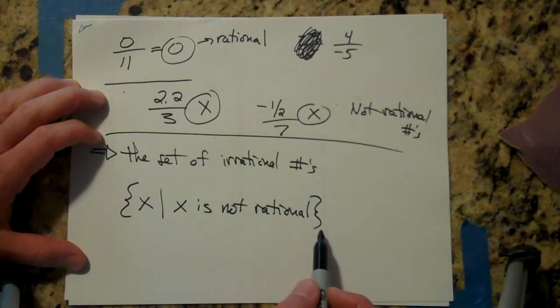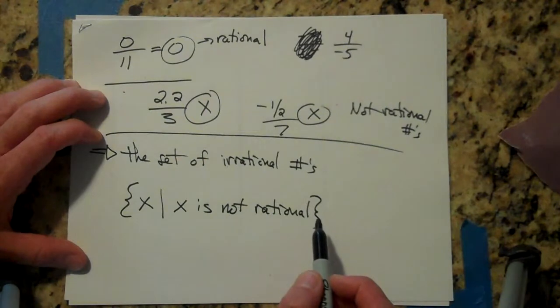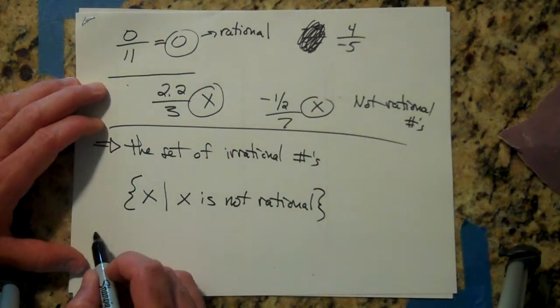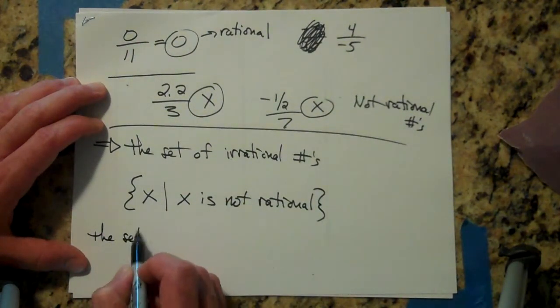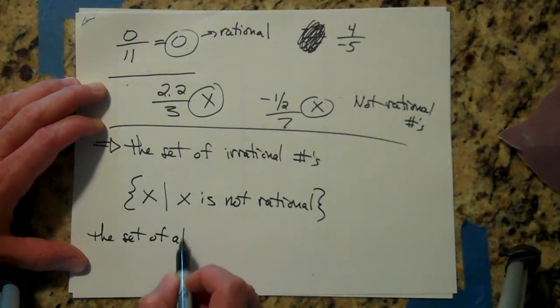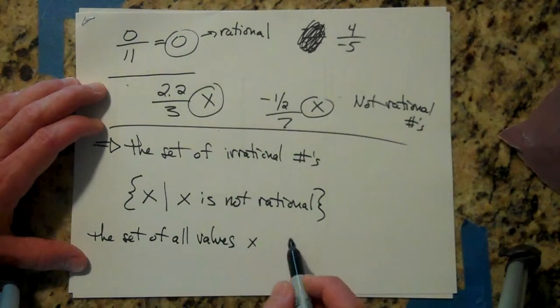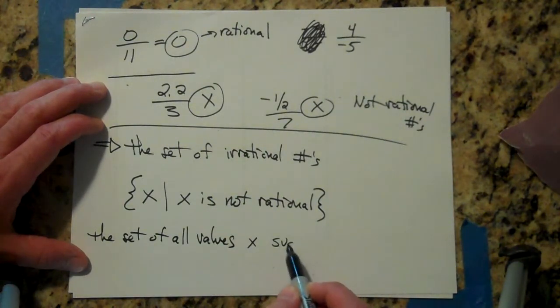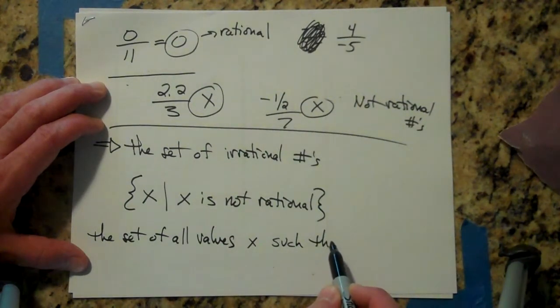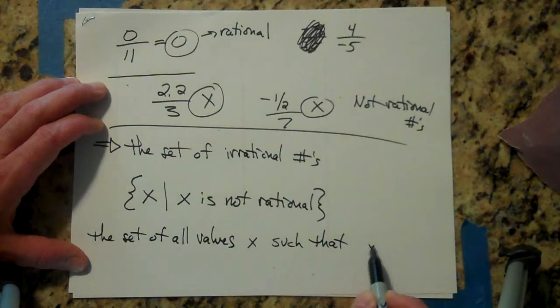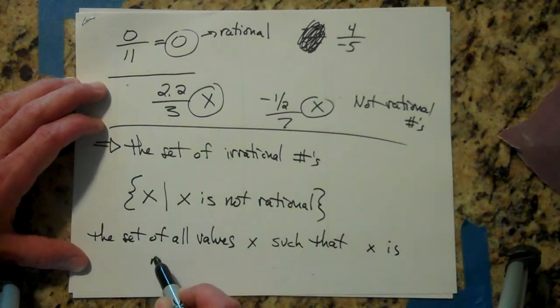So let me write this out, expand this set builder's notation out and translate it. The set of all values x such that x is not rational.